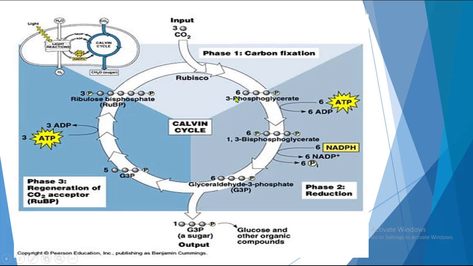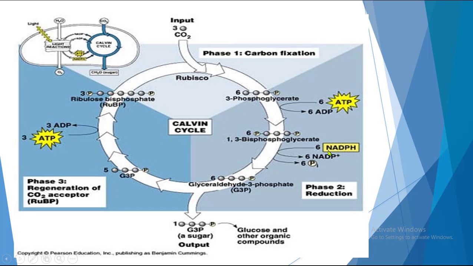As there are 6 3 carbon containing compounds, each of them needs 1 ATP molecule, or phosphate group from the ATP. When each of them gains 1 phosphate group, where there was 1 phosphate group, you can see there are now 2 phosphate groups. So this 3 carbon containing compound having 1 phosphate group, after utilizing ATP, becomes 1,3-bisphosphoglycerate. Now this 1,3-bisphosphoglycerate utilizes NADPH molecules.